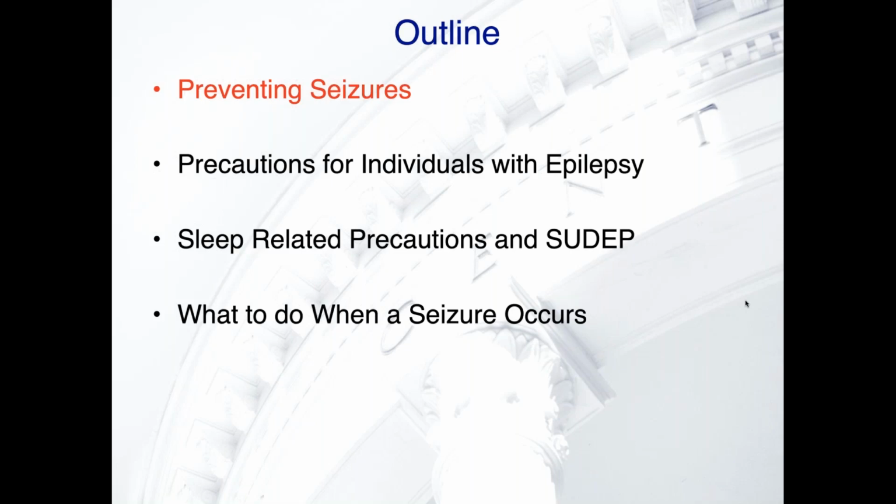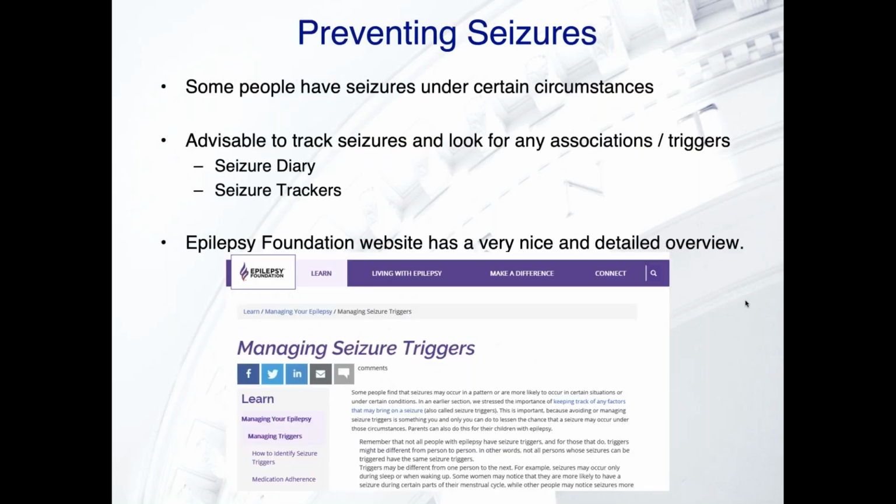So beginning with preventing seizures, a lot of people have seizures that really occur under certain circumstances. And for that reason, we generally advise that people track their seizures and they look for any associations or triggers that they might personally have. Not everybody's triggers are going to be the same, and they can even change throughout the course of their life.